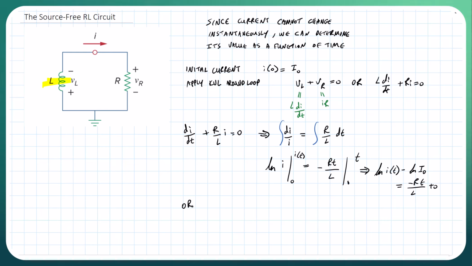Or if we rewrite this, the natural log of i of t over I naught equals minus Rt over L. And now we do the exponential on both sides, e here and e here.